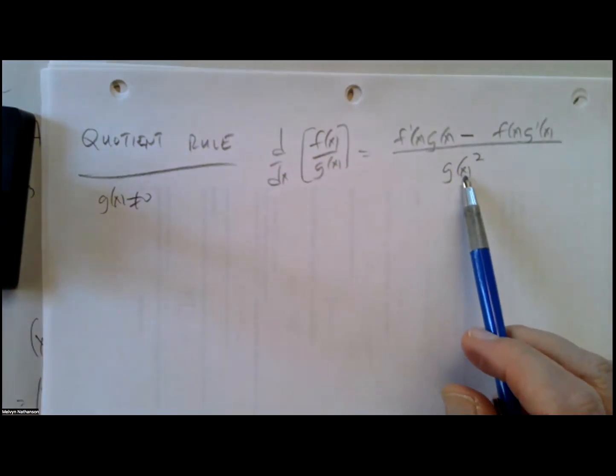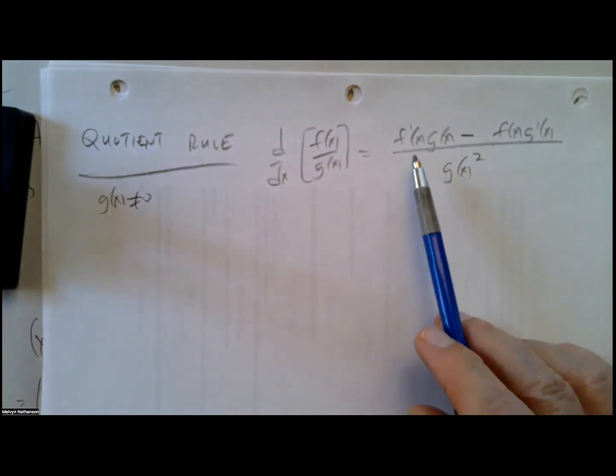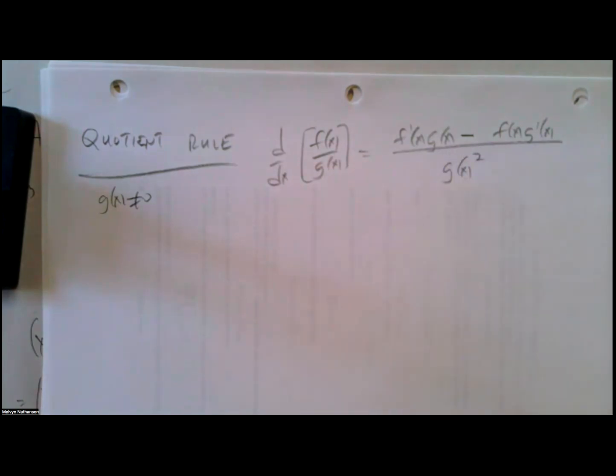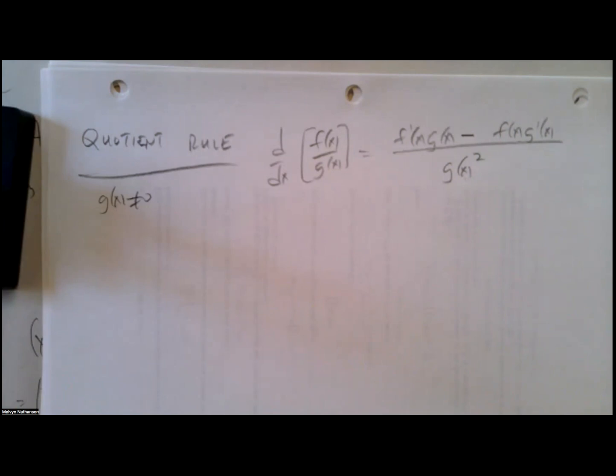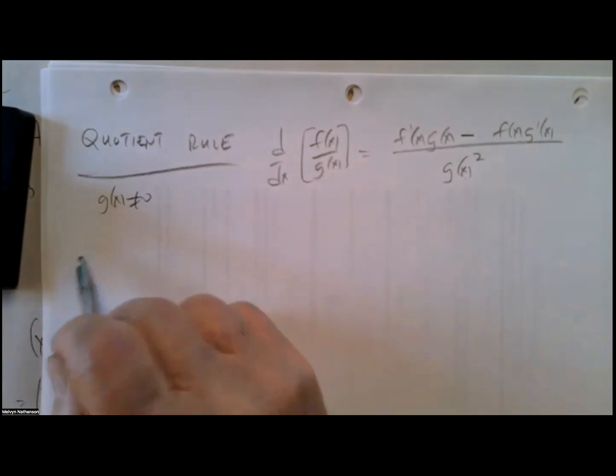So there's no derivative in the denominator, but it's f prime g minus fg prime over g squared. And again, using the definition of the derivative, one can prove this from scratch, but I'm not going to do that now. Let's just look at some examples.